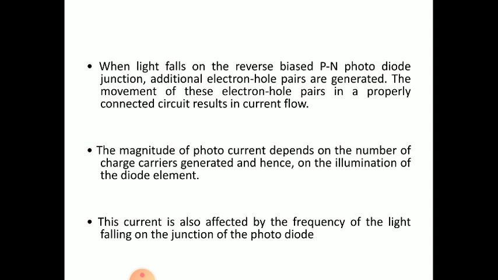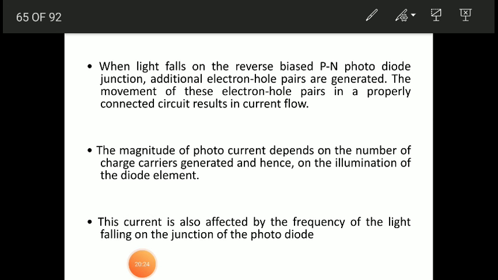When light falls on the reverse bias PN junction diode, additional electron hole pairs are generated. The movement of these electron hole pairs in a properly connected circuit results in a current flow. The magnitude of photocurrent depends on the number of charge carriers generated and hence on the illumination of the diode element.